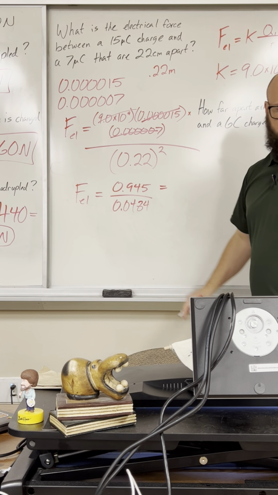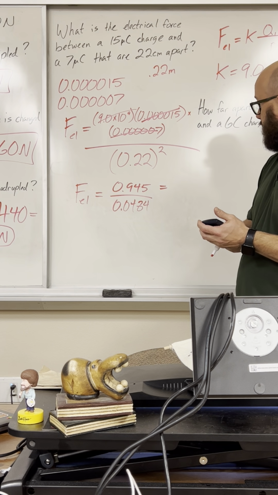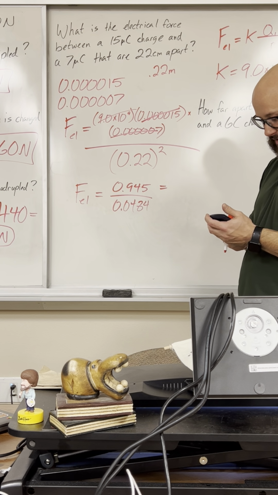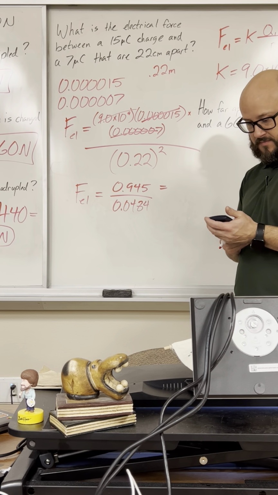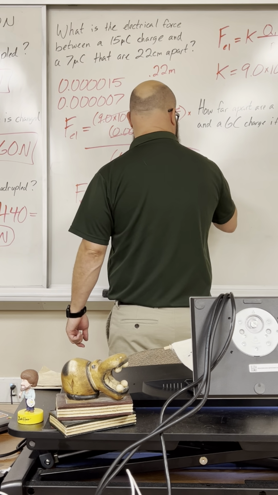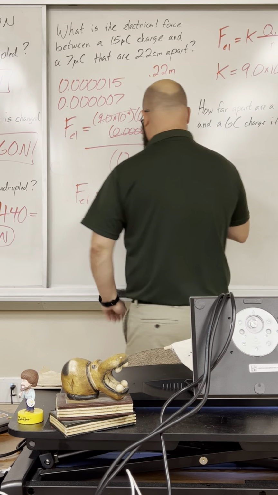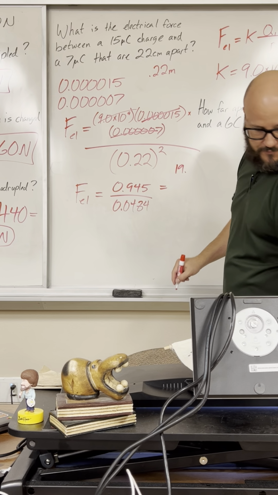And now we're just going to divide those two numbers. 0.945 divided by 0.0484. And we get 19, that's not 19, 19.52479.